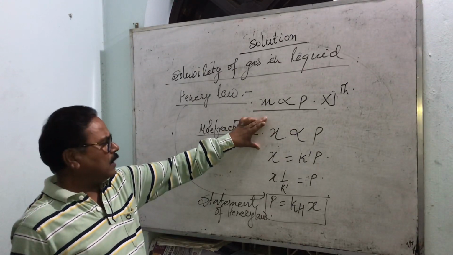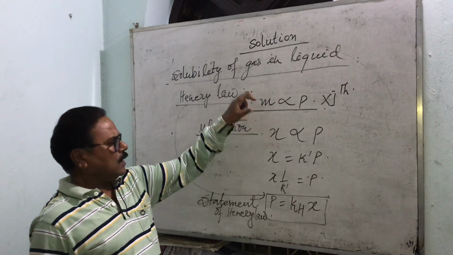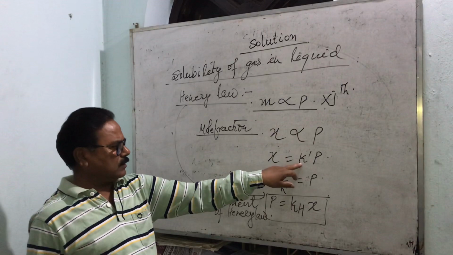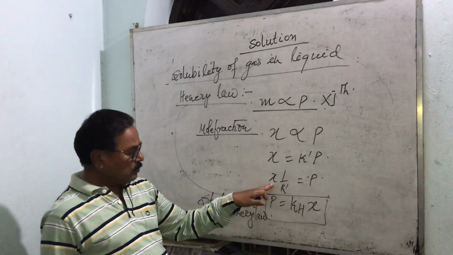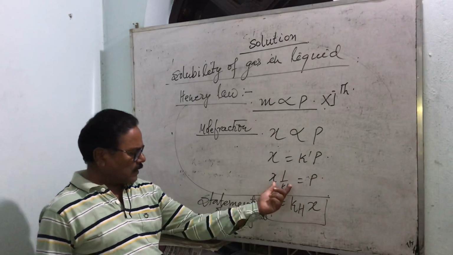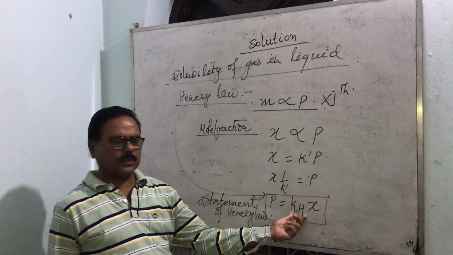So in terms of Dalton, the solubility is considered in terms of the mole fraction, and the solubility of a gas is directly proportional to pressure. Here K dash is the proportionality constant, so X is equal to K dash P. Now X is equal to 1 by K, into P, and this is taken as another constant, and this constant is called the Henry constant.